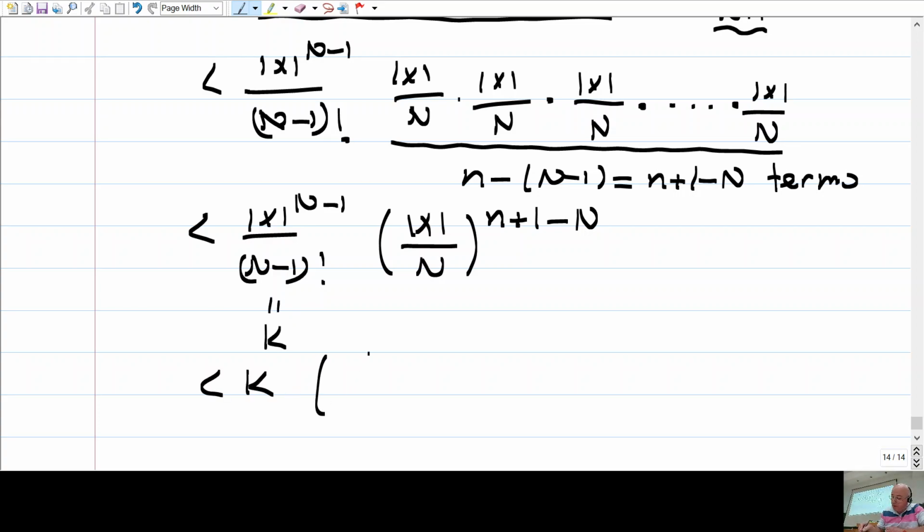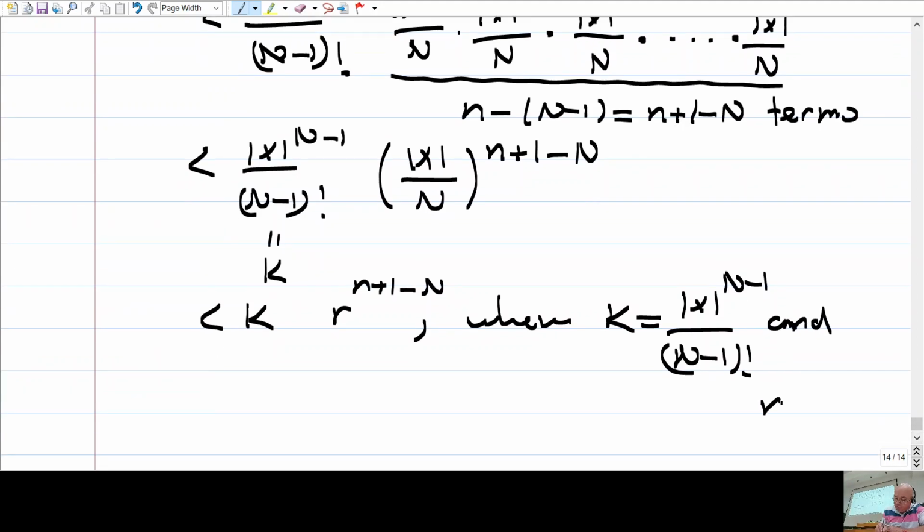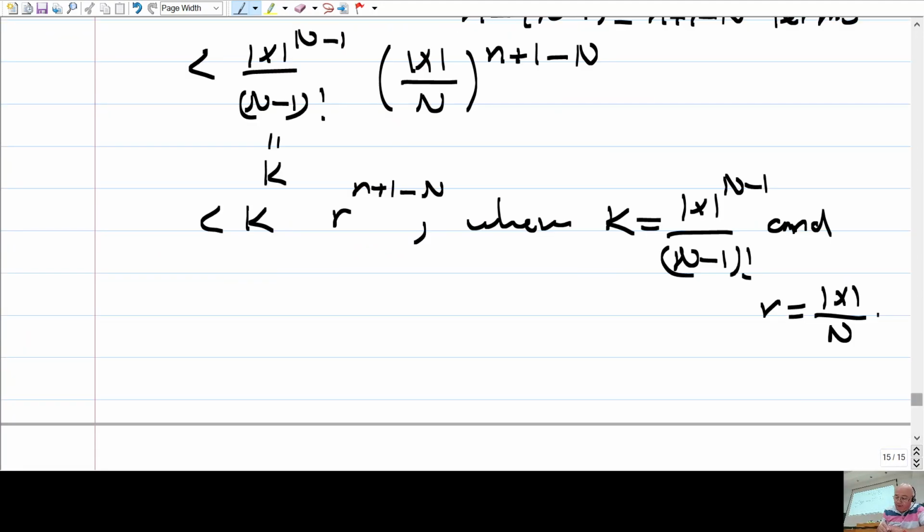Okay, k times r to the power n plus 1 minus n, where k is this fixed number and r is the following number, which is absolute value of x divided by n. But remember that big N was chosen so that it is larger than absolute value of x. Since N is larger than absolute value of x, r is less than 1.